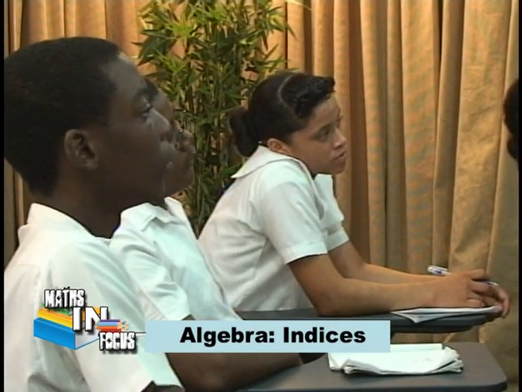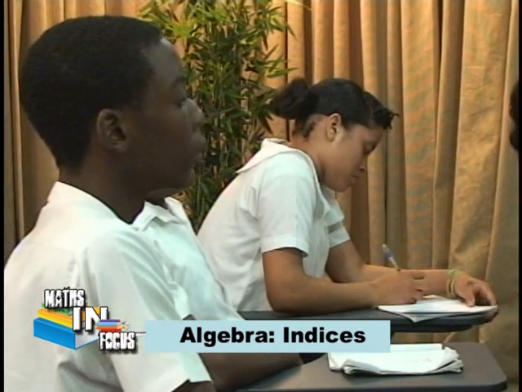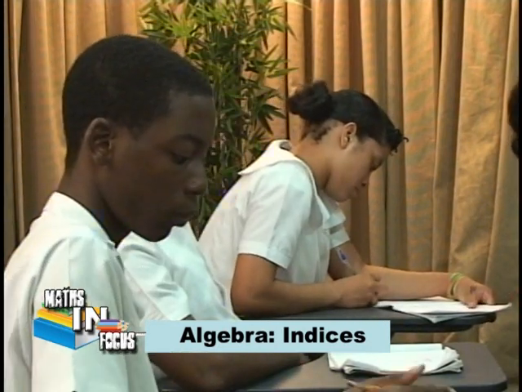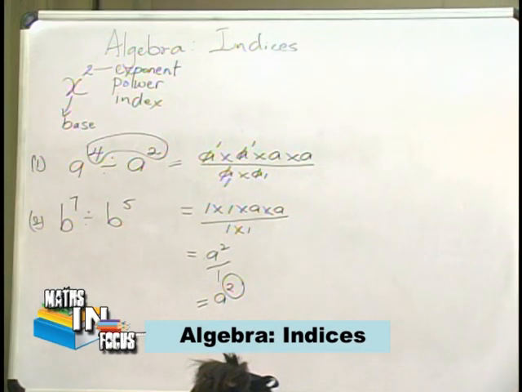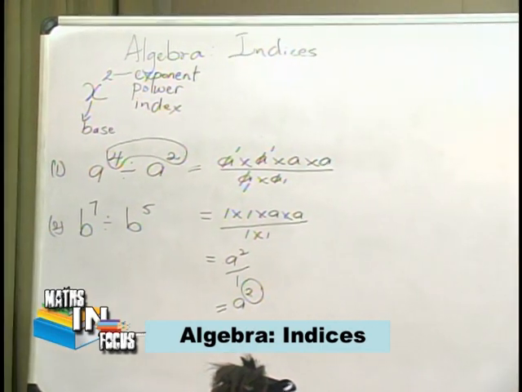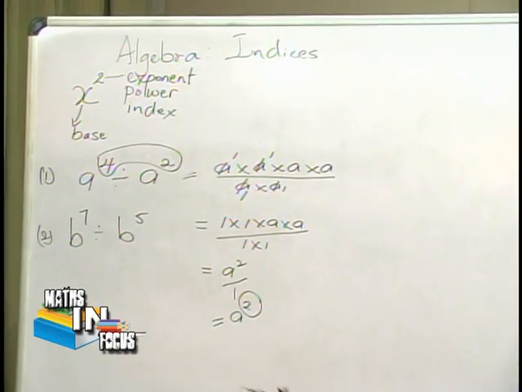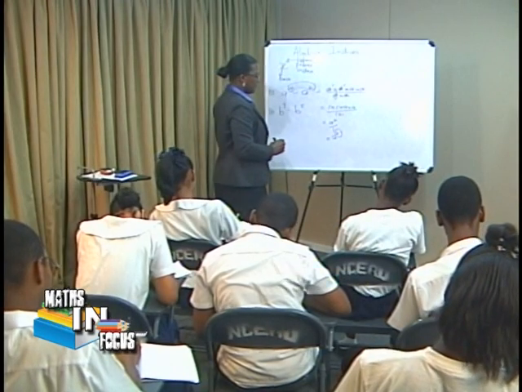The second one. We have b to the 7th being divided by b to the 5th. Expand them again and do your cancelling off and tell me what you came up with.